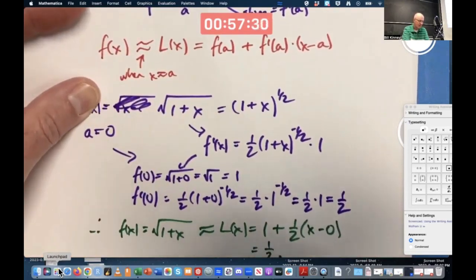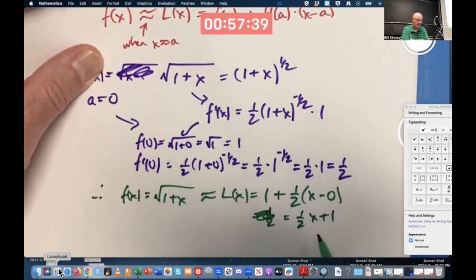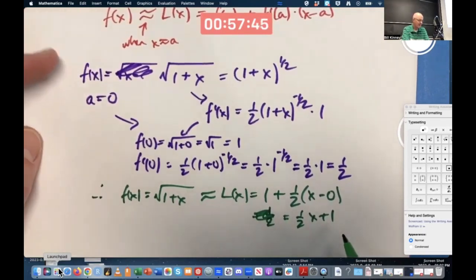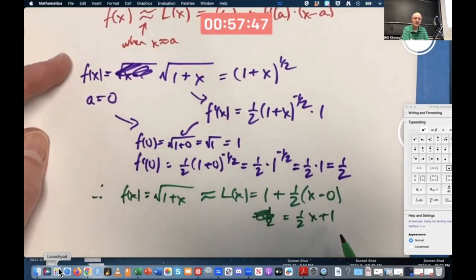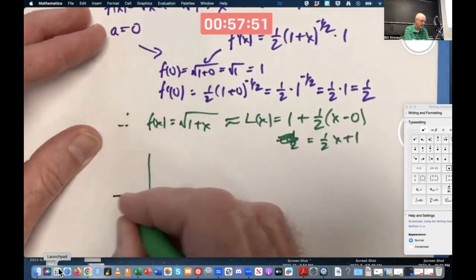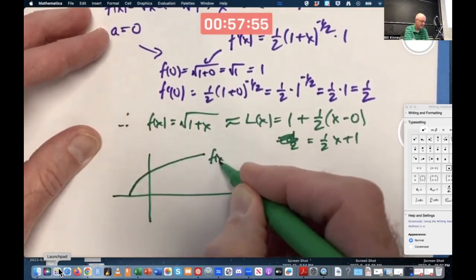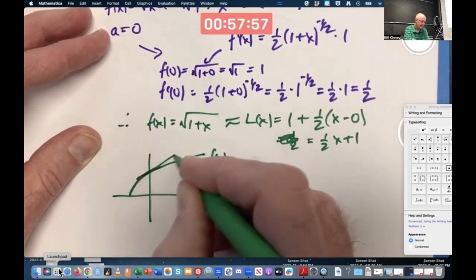This simplifies to 1/2 x plus 1. That linear function, slope of 1/2 and a y-intercept of 1, approximates the graph of f of x really well near a equals 0. Graphically, if you graph both of these on your calculator, you'd see something like this. There's f of x, and L of x would look like this.